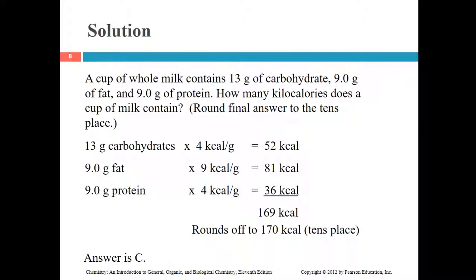All right, so we have 13 grams of carbohydrates. We know the conversion is 4 kilocalories per gram by looking at that chart.